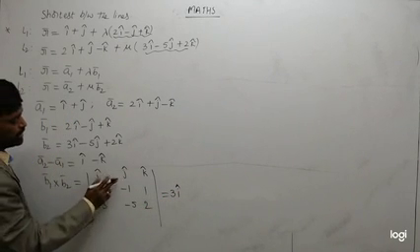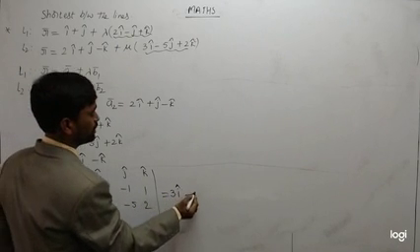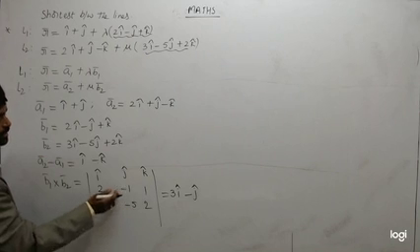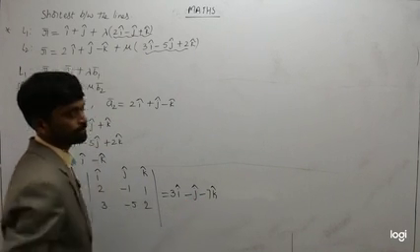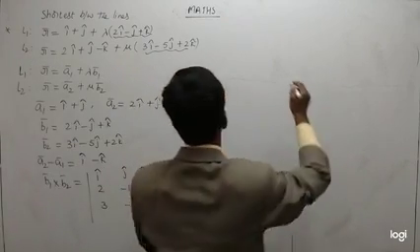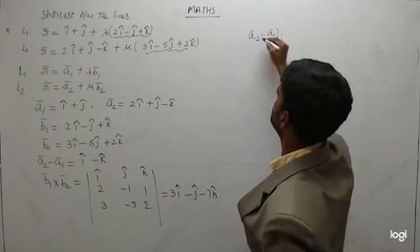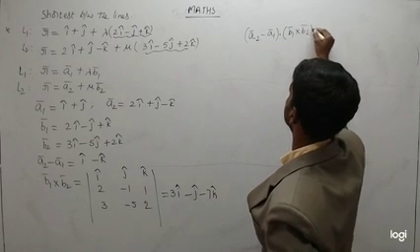Then minus J cap into 4 minus 3, that is 1, so minus J cap. Next, K cap into minus 10 plus 3, that is minus 7 into K cap. Then you calculate A2 bar minus A1 bar dot B1 bar cross B2 bar.